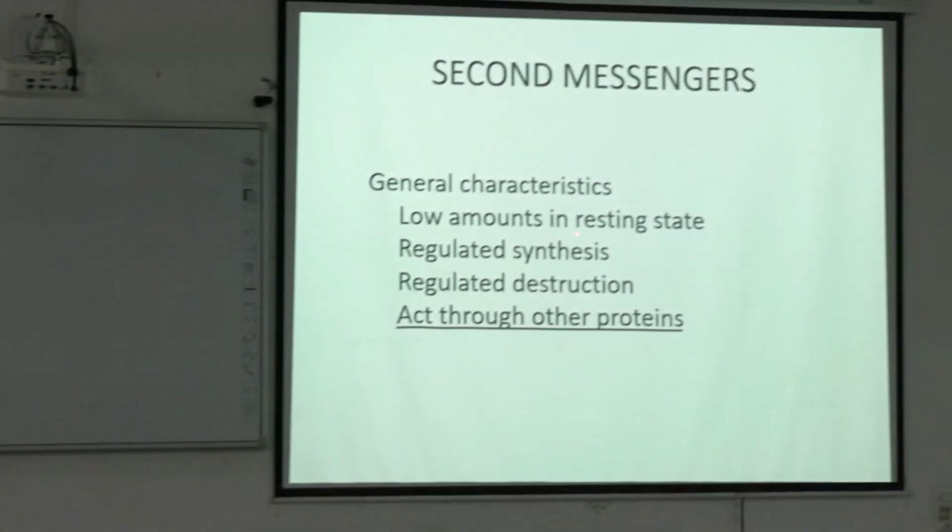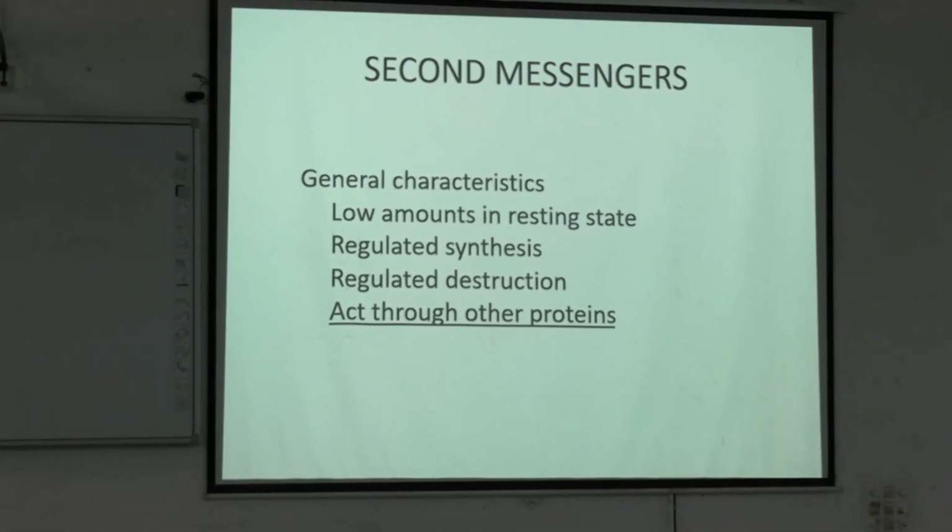What features should you look for to call a molecule a second messenger? Are they in low amount in the resting state? If yes, they are second messengers. Are they regulated? Is their synthesis regulated by higher molecules, some other enzymes? Ultimately, whether they are under parental regulation or not.